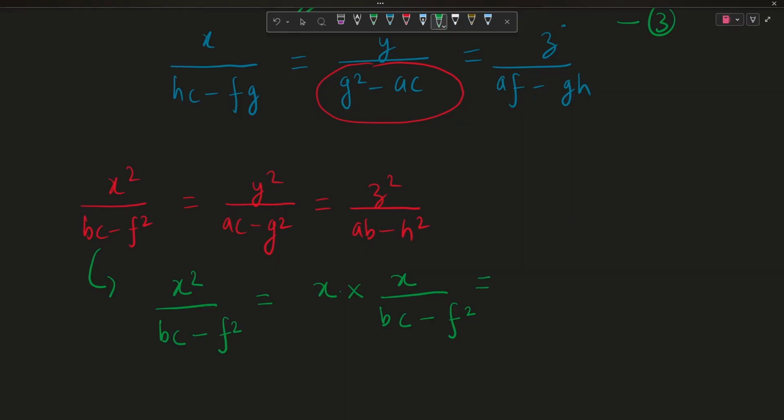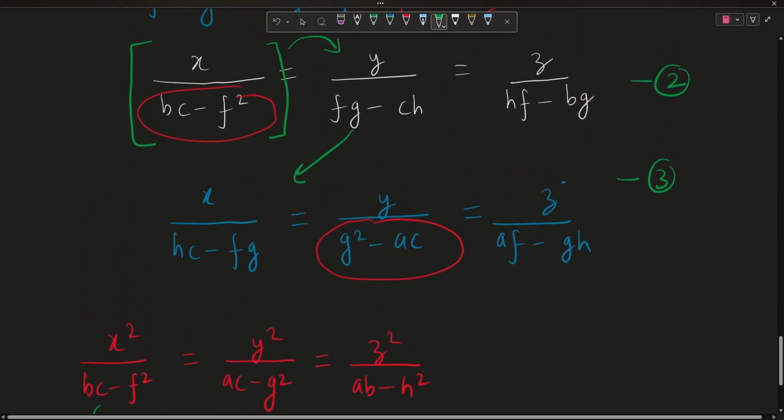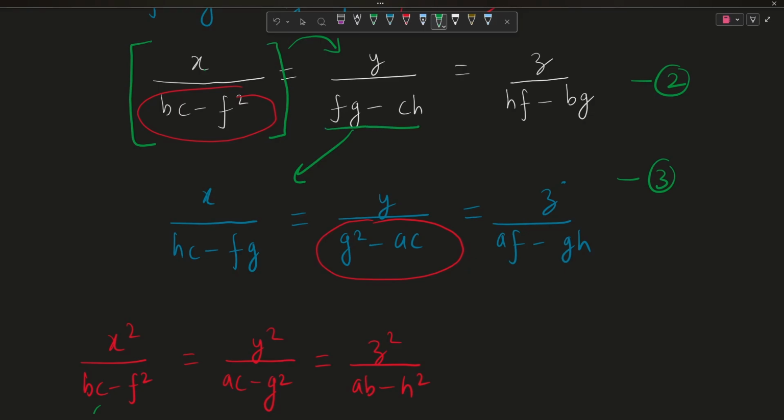We know that x upon bc minus f square is nothing but y upon fg minus ch. I've already drawn this.